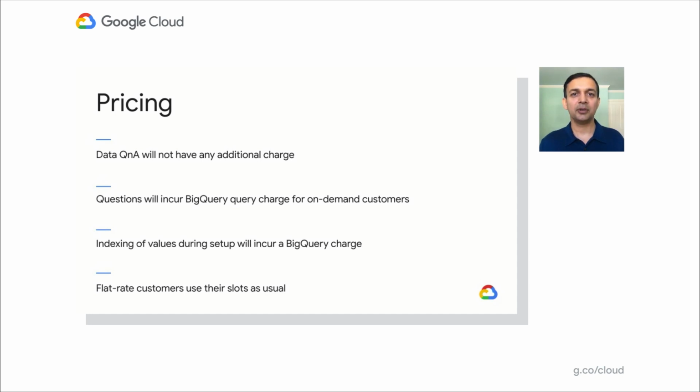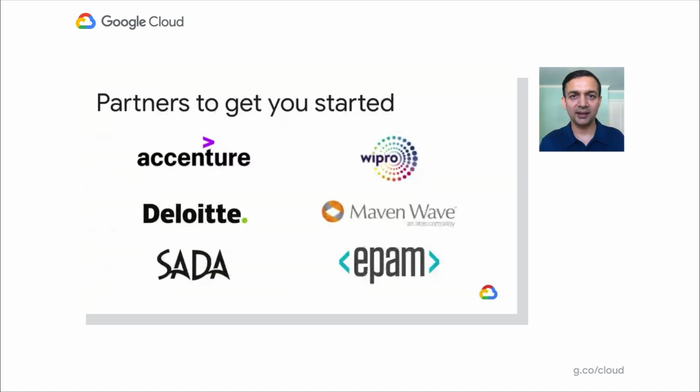When we set up, we do index the data values in the table to provide capabilities like auto-suggest. That does carry a charge within BigQuery or uses your slots. And finally, Data QnA could require integration with a chatbot or custom UI.